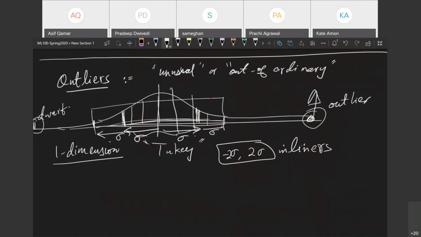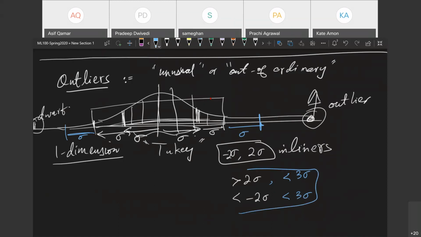And outside the range, greater than 2 sigma and less than minus 2 sigma, right? Data in the region greater than 2 sigma and less than 3 sigma, he called the soft outliers.